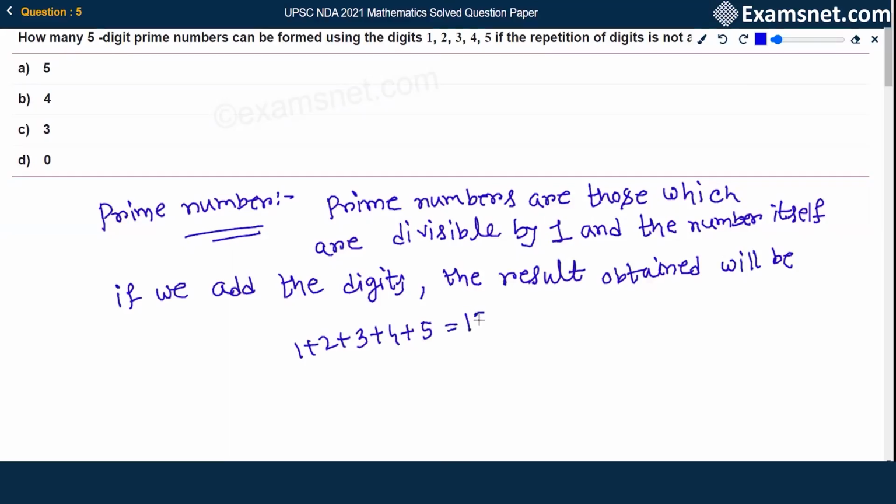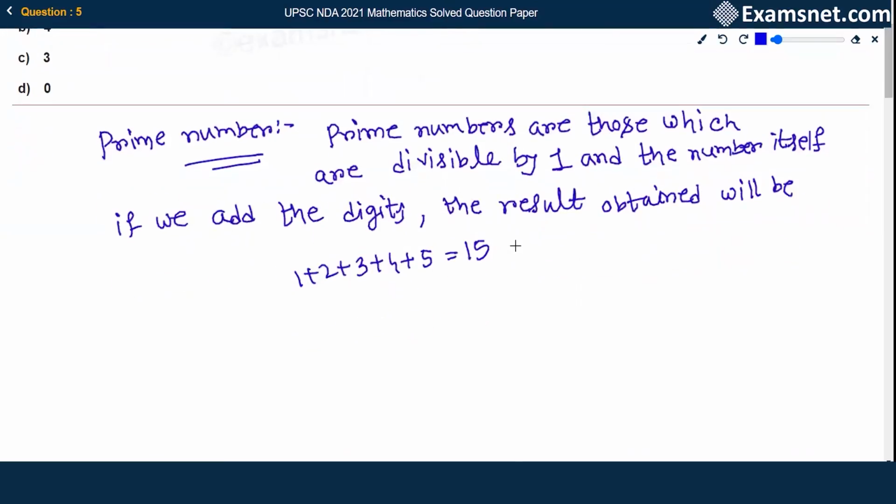You will get 15, correct? Now, 15 is divisible by 3. So remember divisibility rule by 3. If we find that the sum of the digits of a number is divisible by 3, that means that number is also divisible by 3. So if the number is divisible by 3, that means this number is not a prime number.